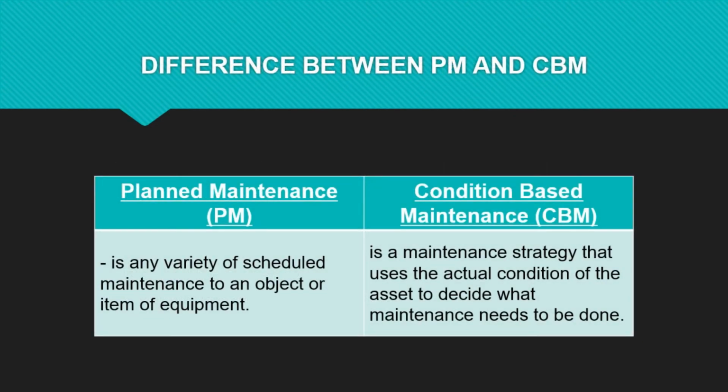Planned maintenance or PM is any variety of scheduled maintenance to an object or item of equipment, while condition-based maintenance or CBM is a maintenance strategy that uses the actual condition of the asset to decide what maintenance needs to be done.